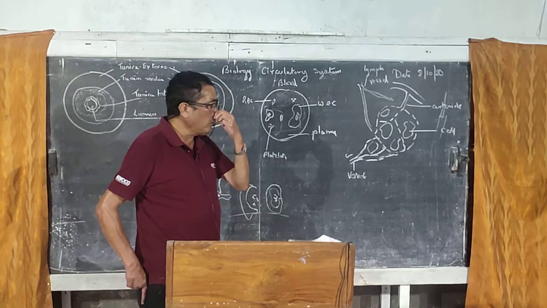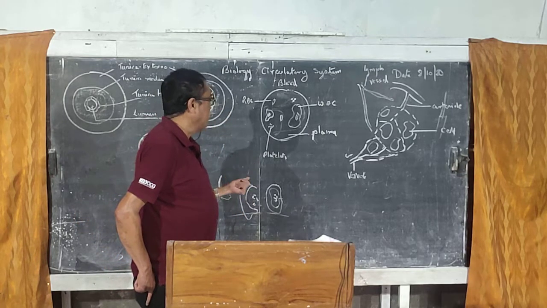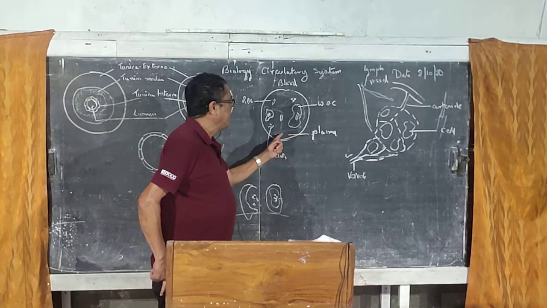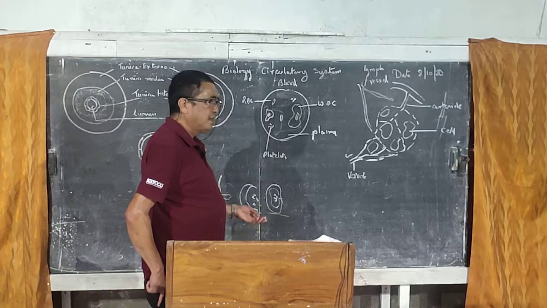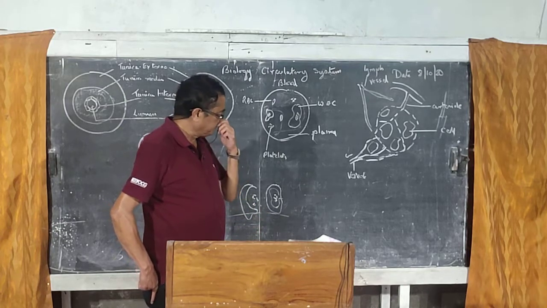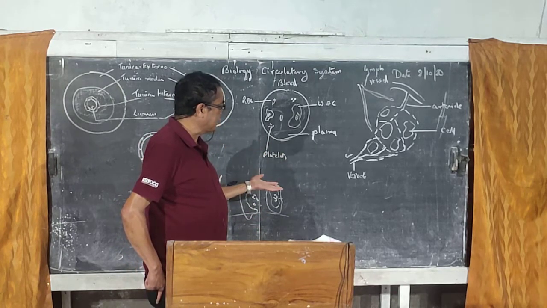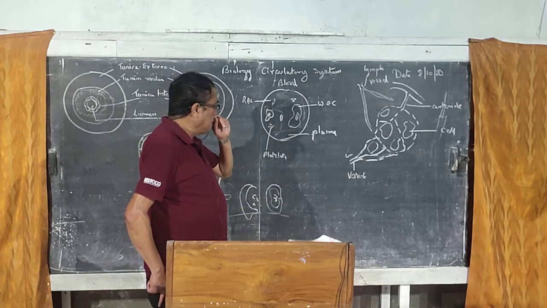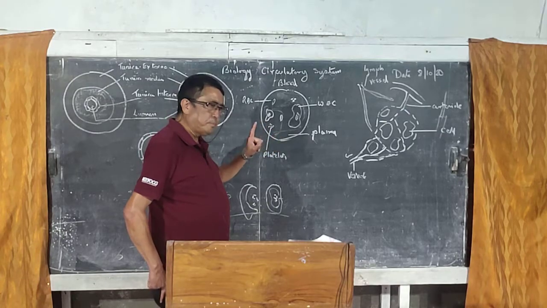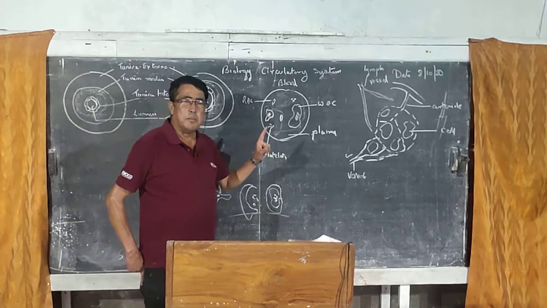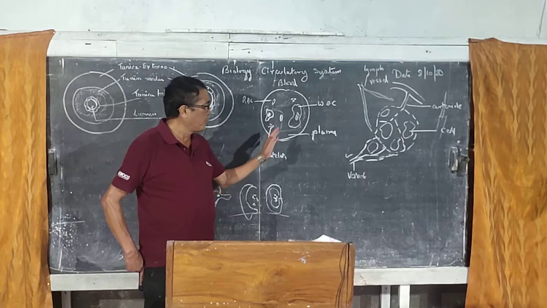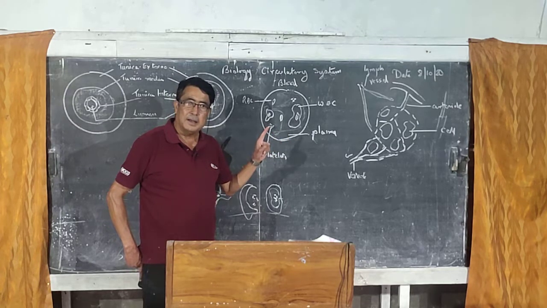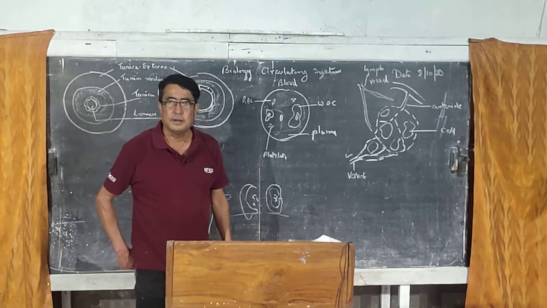Plasma is a straw-colored watery part of the blood which comprises 90% water with dissolved substances like salts, protein, amino acid, fats, etc. Now, this point you have to remember: the most important soluble protein present in the plasma of the blood is called fibrinogen.